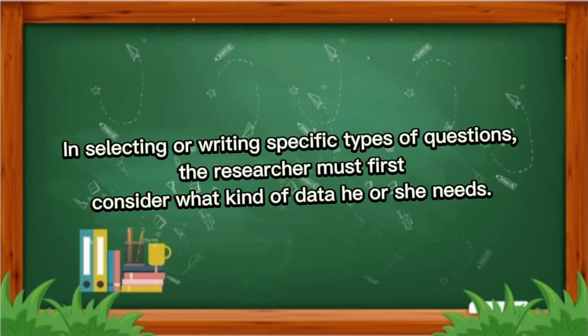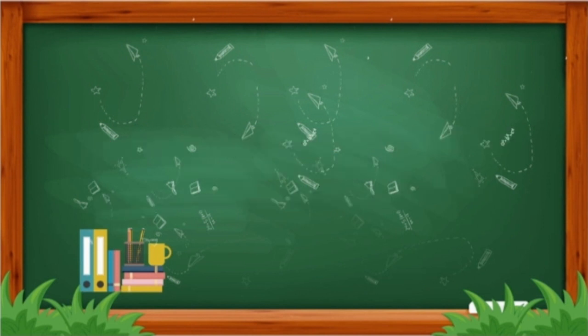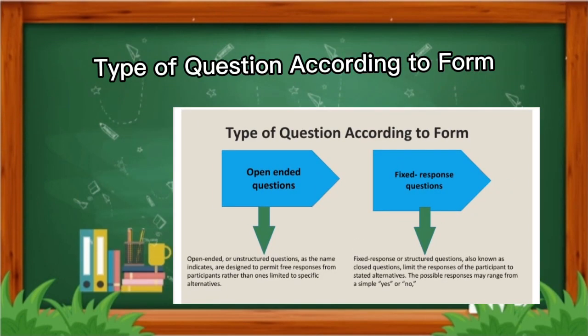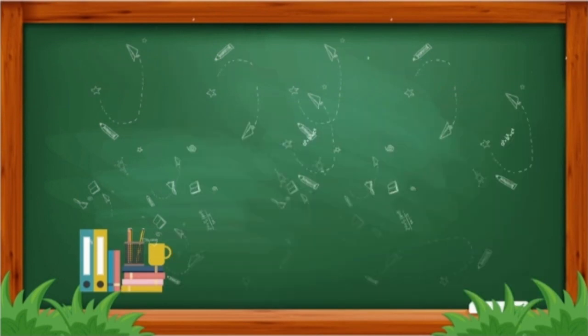In selecting or designing questionnaire items, the researcher must consider the question format that will best obtain the information desired. The form of the question in turn determines the method. There are two basic types of questions: open-ended questions and fixed response questions.